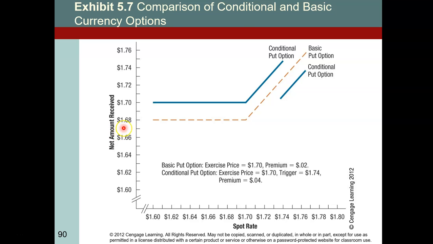So this is 1.68. I can put 1.7 minus 0.02 here. This is how you get 1.68 if you exercise the put option.